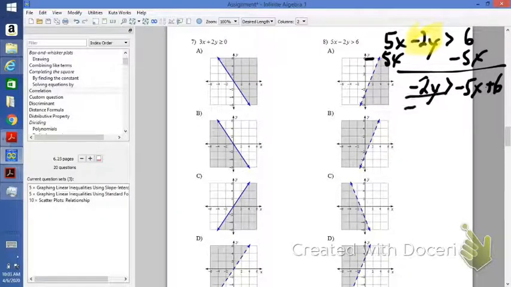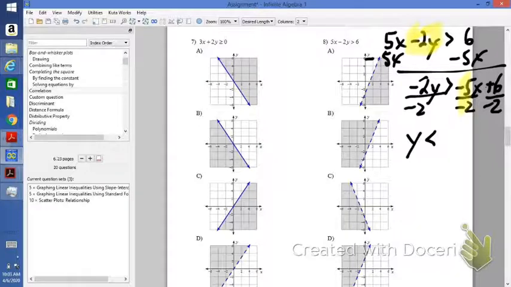Now what we're going to do is divide both sides by -2 to get the y by itself. I have to divide each term by -2. So I have y. Now, whenever you multiply or divide an inequality by a negative, you have to flip the sign. So it's now going to be less than. And then we have -5 divided by -2.